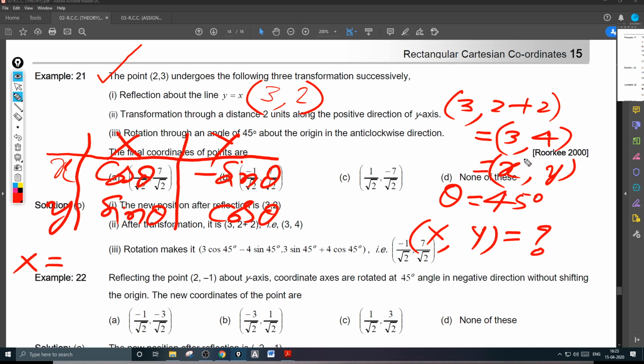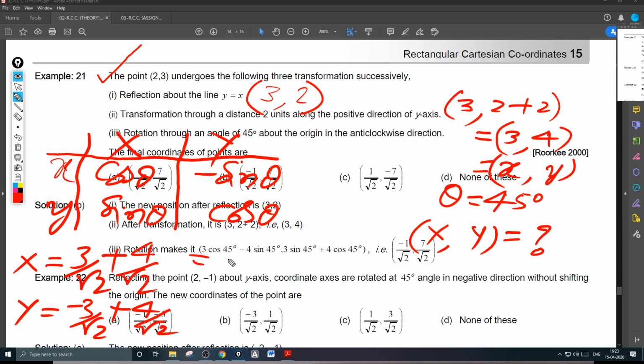As I said, small x is 3 cos 45, 3 by root 2. Small y is 4 by root 2. Capital Y is minus 3 by root 2 plus 4 by root 2. So your perfect answer must be 7 by root 2 comma 1 by root 2.